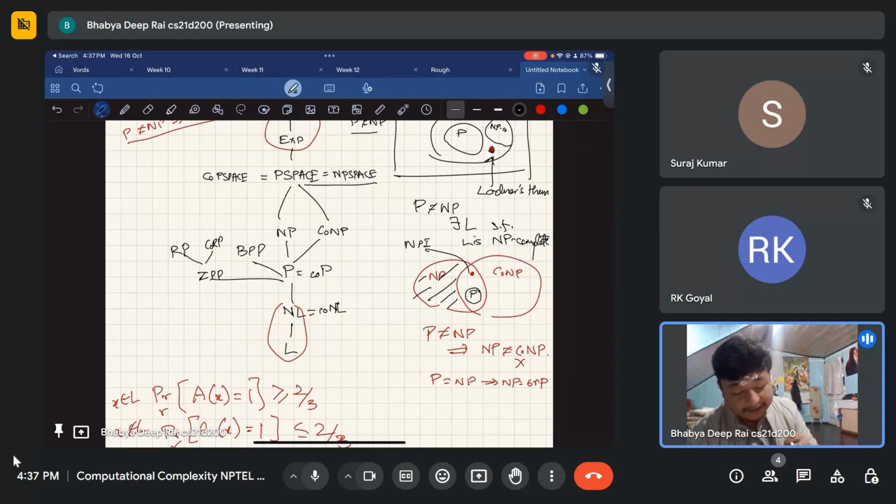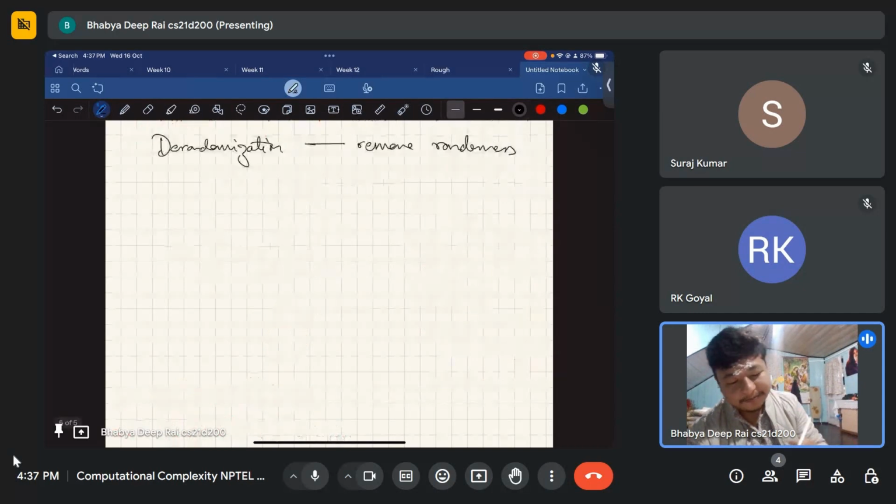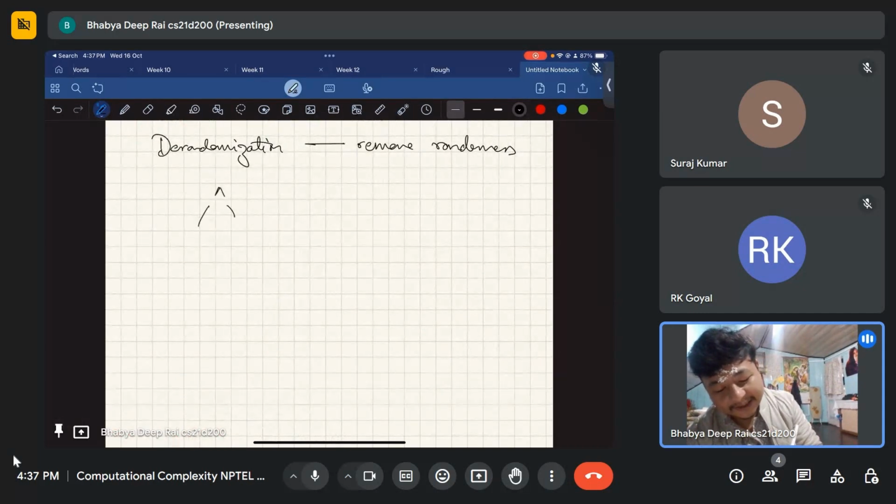And finally, we talk about circuits. What are circuits? Well, a circuit is another computational model where you have AND and OR gates. Formulas are just circuits where you don't have fan-out more than one.